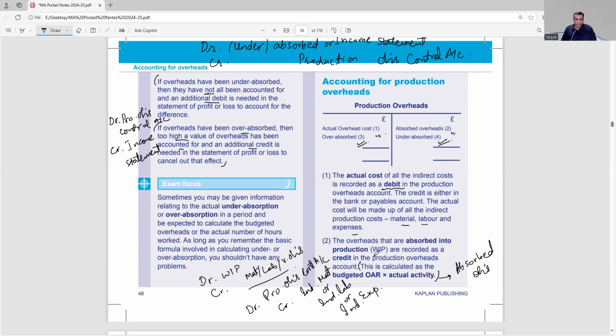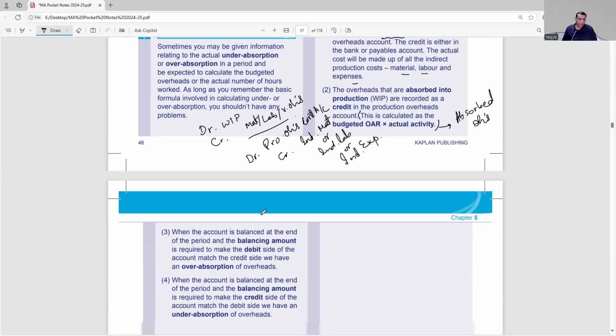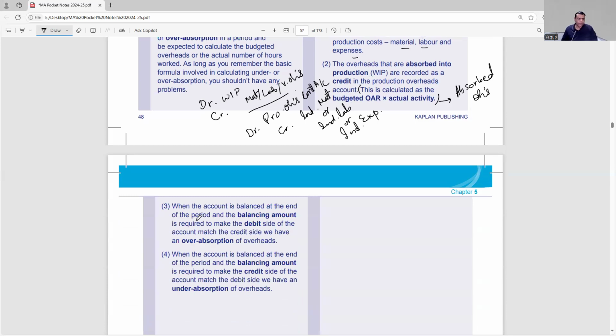We have this discussion that absorbed overheads is the process of work in progress, where we are calculating overhead absorption, absorbed overheads, where OAR is multiplied with actual activity level. When the account is balanced at the end of the period, and the balancing amount is required to make the debit side match the credit side, we have over absorption.